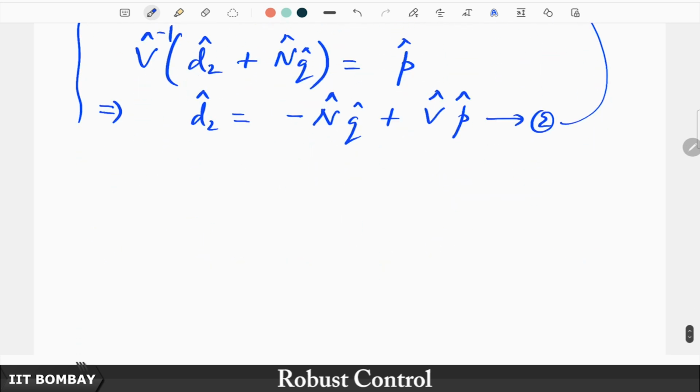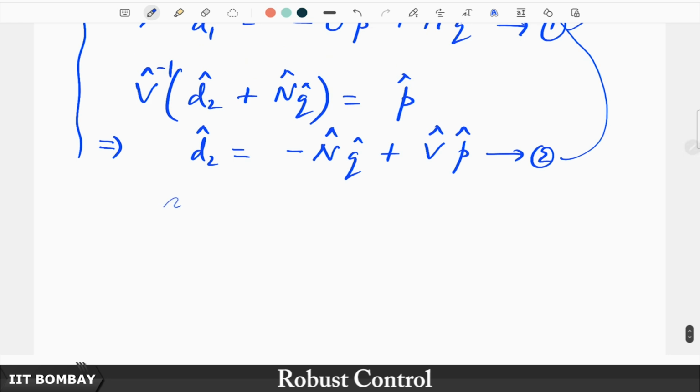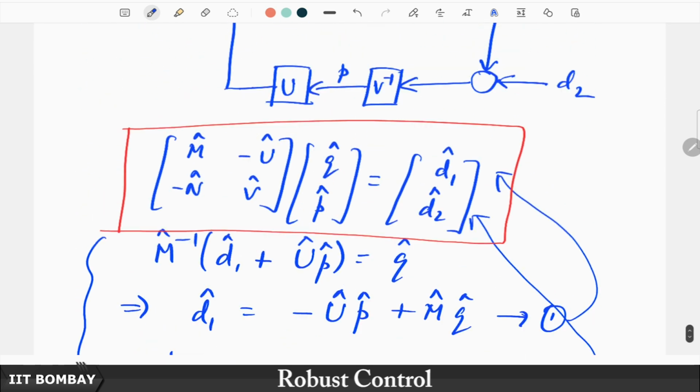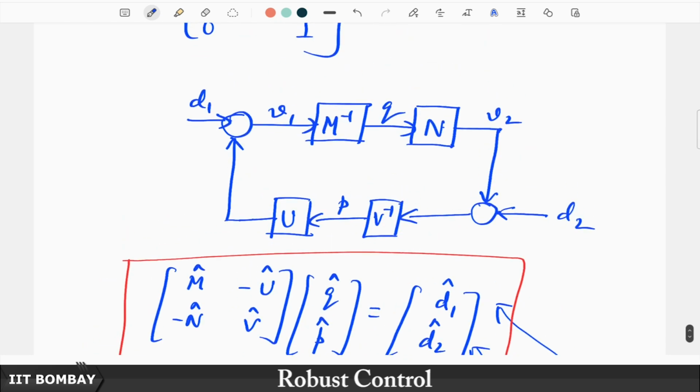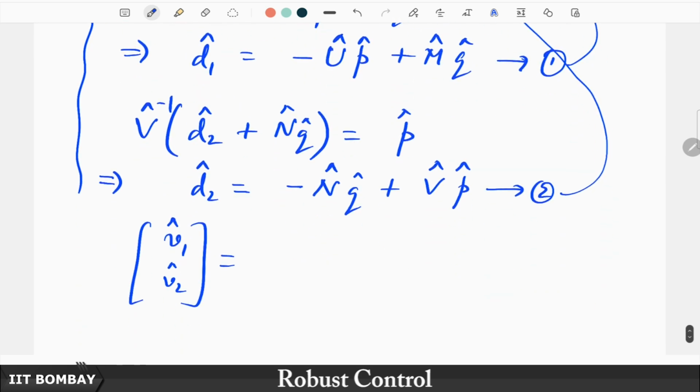Now, apart from this, what else do we know? We know that V1 hat and V2 hat, V2 hat is nothing but N hat acting on Q hat.